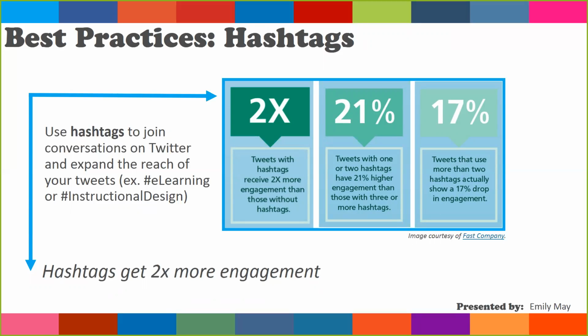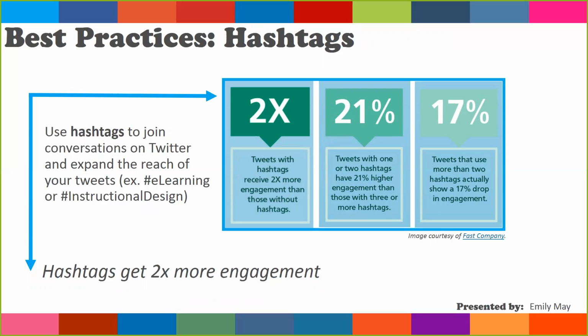A best practice here is use no more than 2 hashtags in your tweets. That will grant you the highest engagement. And really any tweets with more than 3 hashtags tend to come across unprofessional, maybe a little spammy, and it will decrease your engagement.